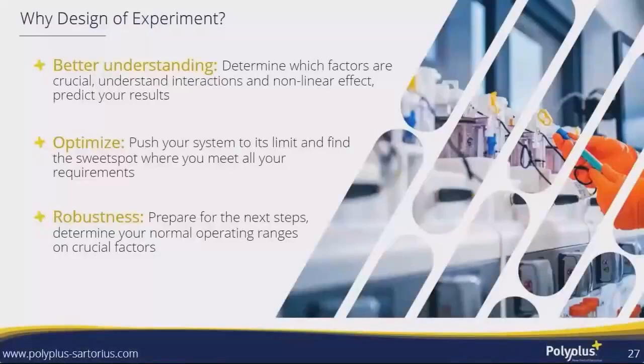This also allows you to look at a multitude of responses and actually pinpoint the sweet spots that answer your question. Most of the time, we are looking at the titer, the VG titer, and that's what we want to maximize. But that's only one part of the whole process.